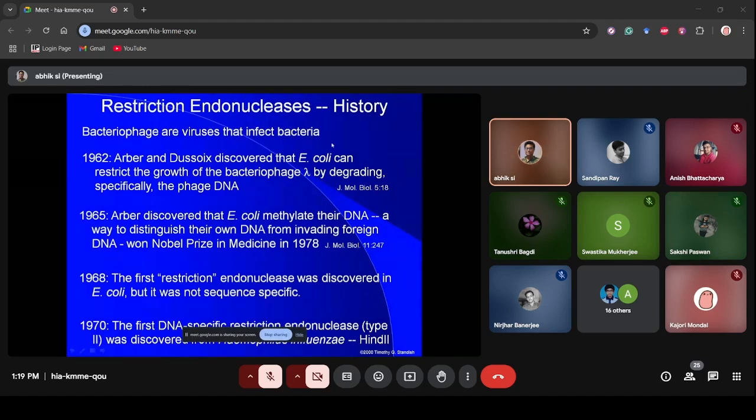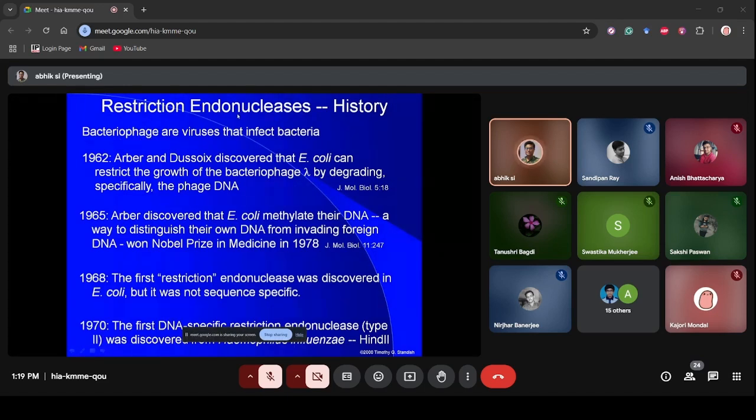What is it? After the phage injects its genetic material into the bacteria, the bacteria produce restriction endonuclease, which cuts the DNA or genetic material of the phage, so that the phage cannot do further attack. The phage genetic material will be inactivated with the help of restriction endonuclease.